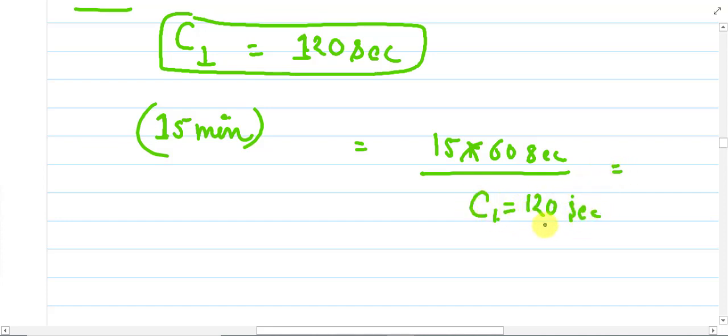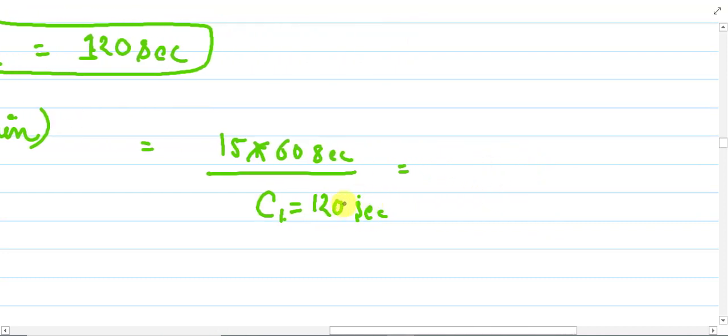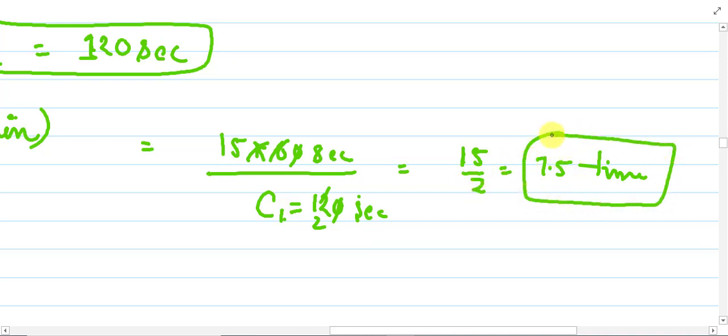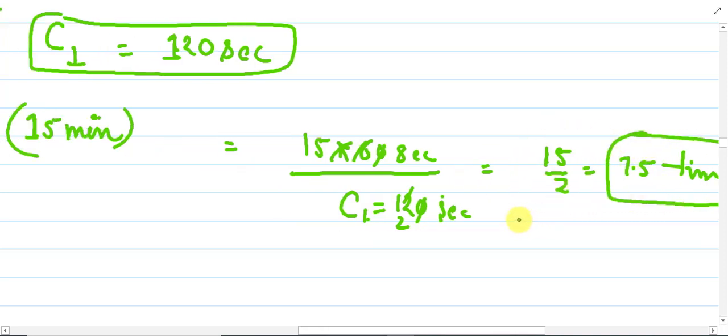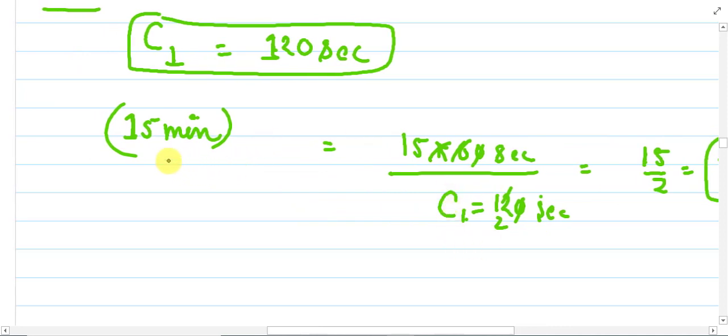With the help of the calculator, if we solve this value, it will be equal to 15 by 2, which is equal to 7.5 times. So this is the number of total cycles.